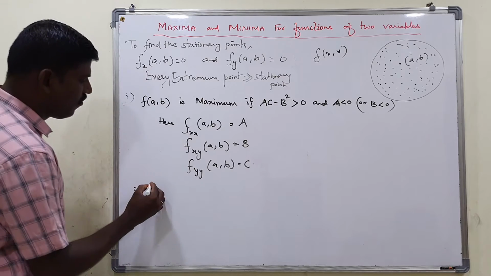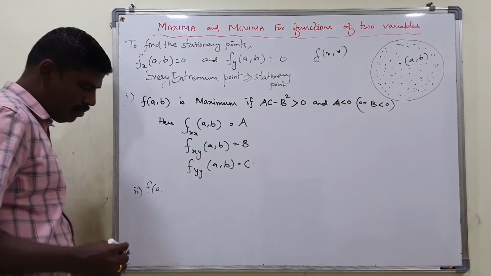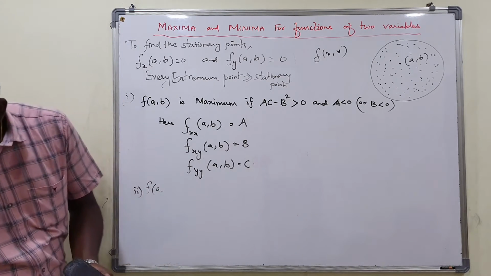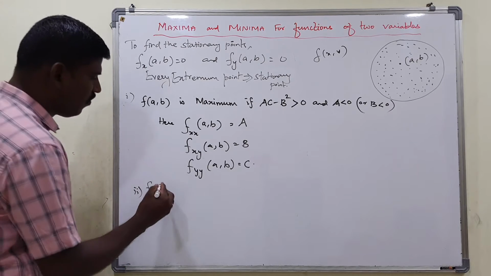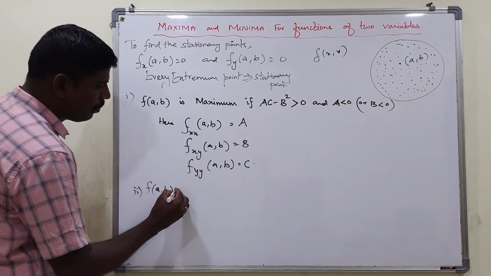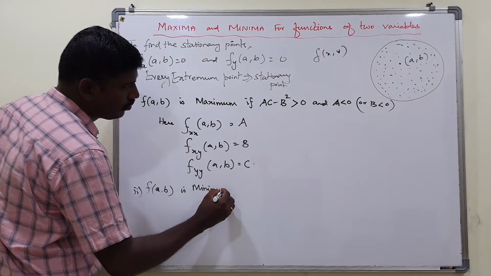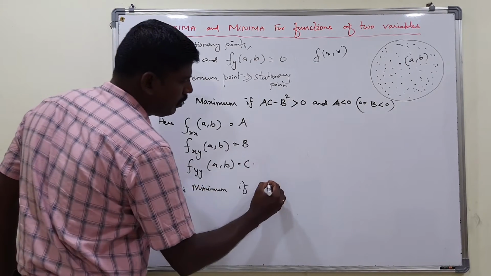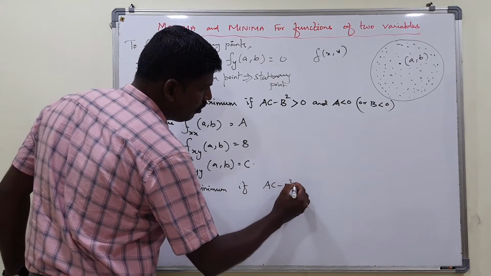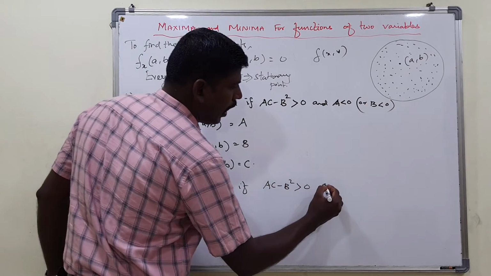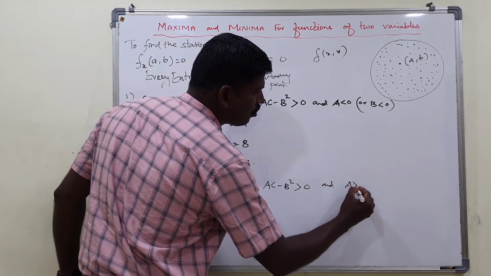Second one. f of a comma b is minimum if the value AC minus b square is positive and at the same time a is also positive.